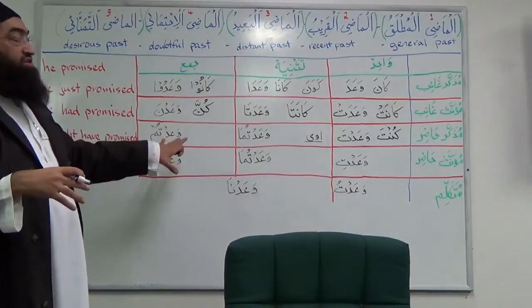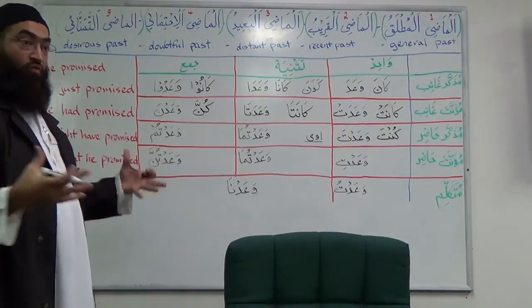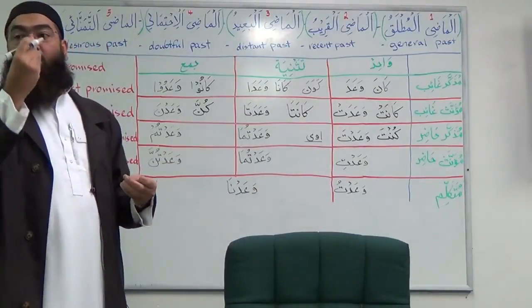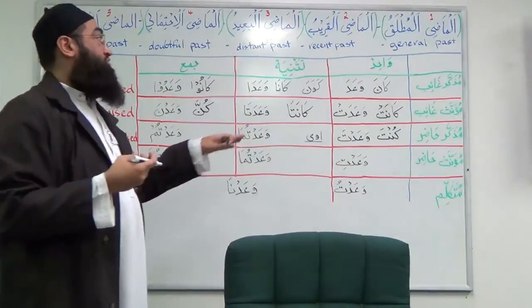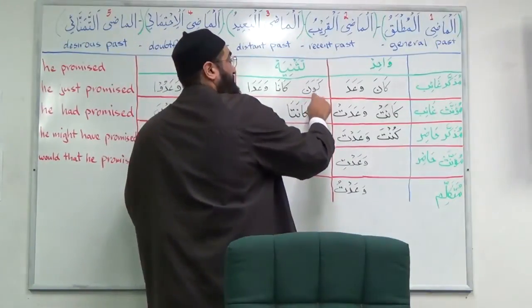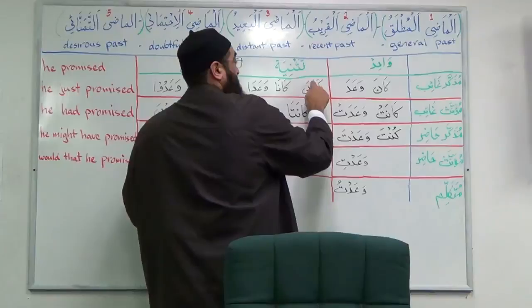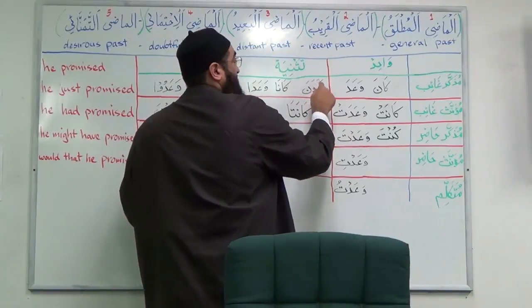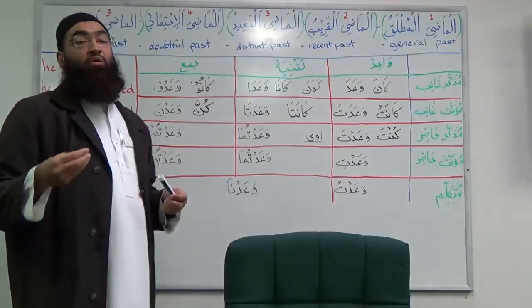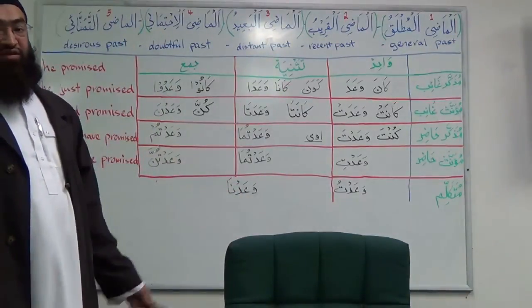So this form, and then there's other words also in different verbs that would become hard on the tongue to pronounce. So the rule is whenever there's a waw with a sign on it, and behind the waw there's a fatha, then you change that waw to an alif. This is the rule.